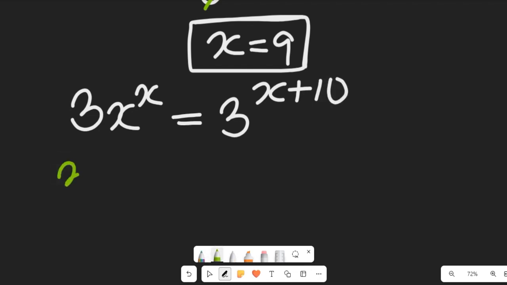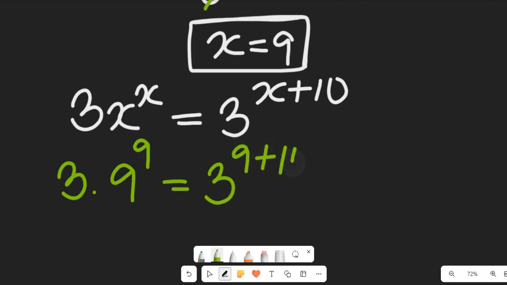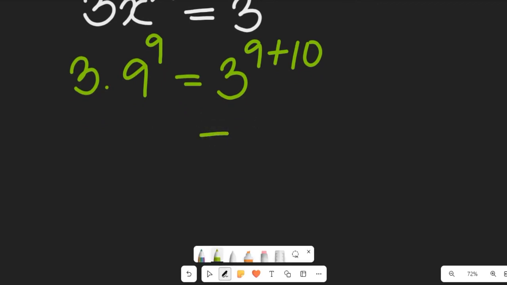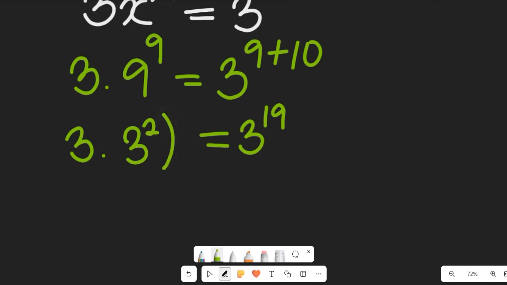This will give us 3 multiplied by 9 to the power of 9, right, equal to 3 to the power of 9 plus 10. So 9 plus 10 is going to give us 3 to the power of 19, while this gives us 3 multiplied by 3 to the power of 2 is 9 multiplied by 9.